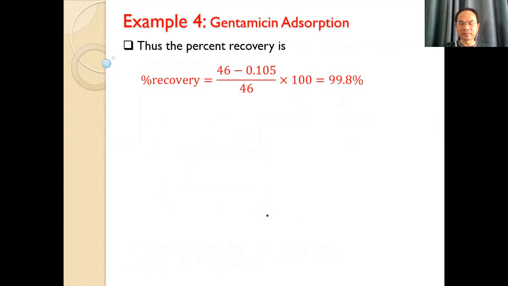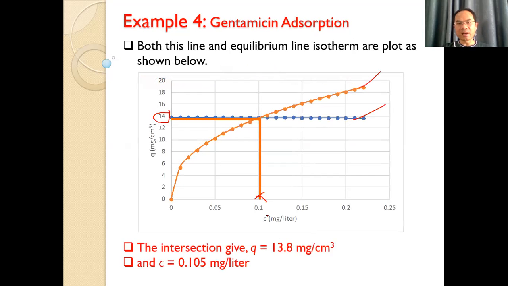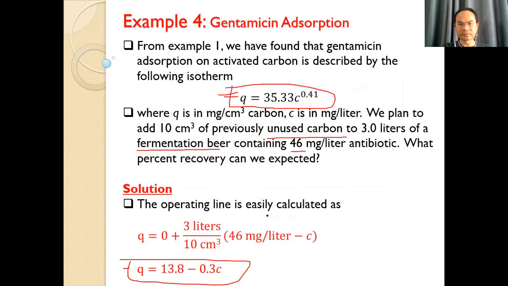But the question is, what is the percent recovery? The fermentation beer contains antibiotic at 46 milligram per liter. This is the amount of antibiotic at the initial stage, CF.